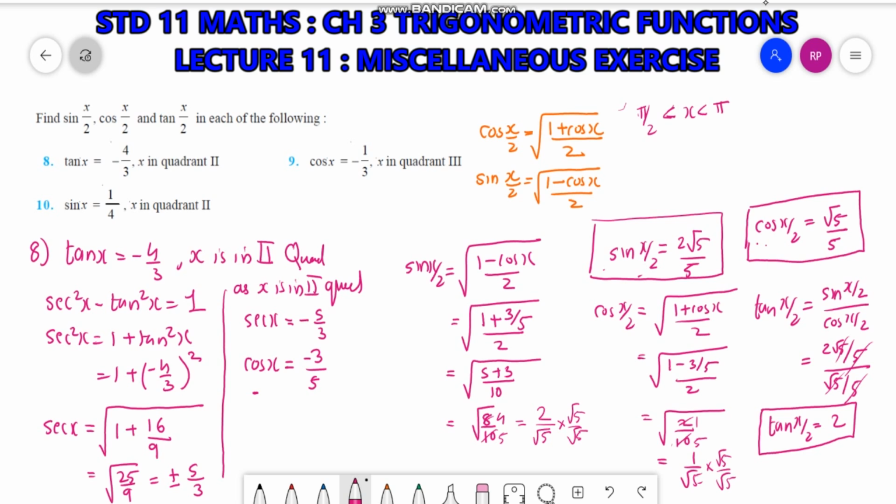Okay, so I require x by 2. So when I divide by 2, it will be pi by 4 less than x by 2 less than pi by 2. Clear? So this is the first quadrant. So in the first quadrant, all three, sine, cos and tan, are positive. Clear? So that's why I used the plus sign.